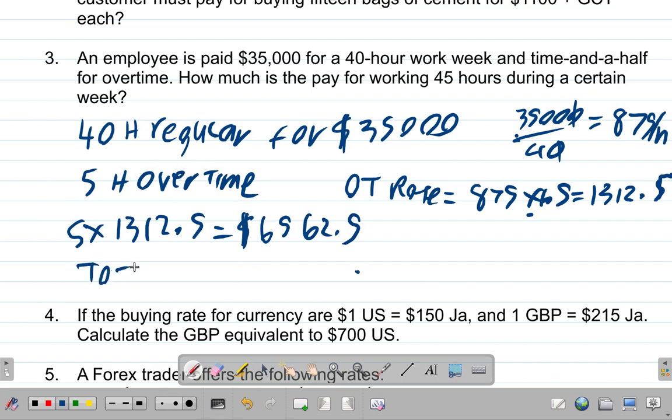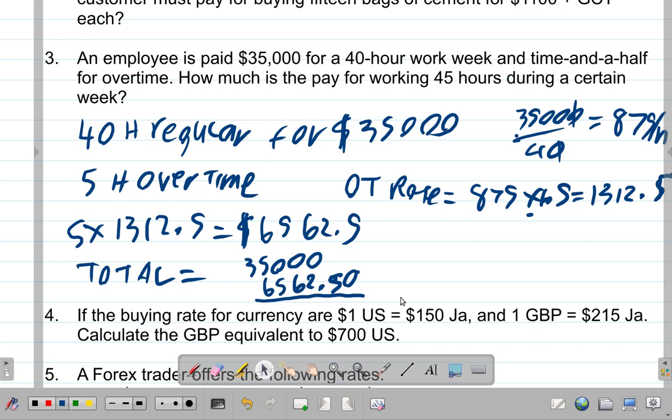So the total is going to be the $35,000 regular pay plus $6,562.50 for the overtime, and then you do that calculation.